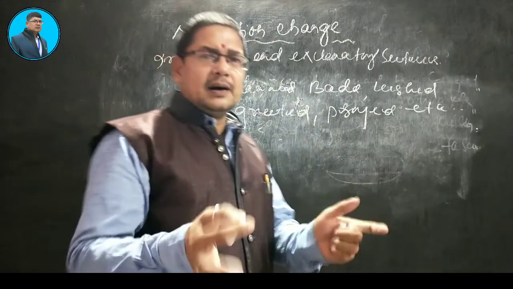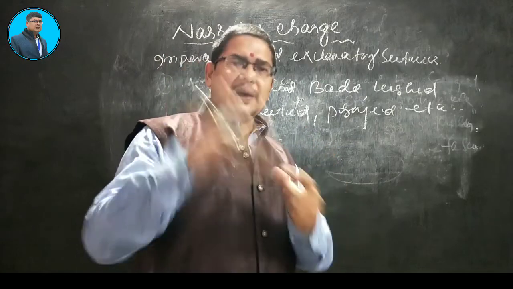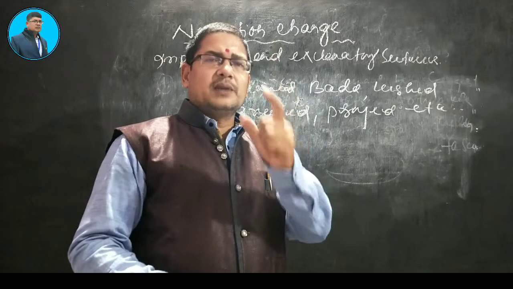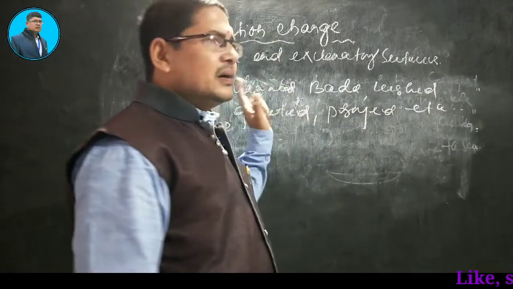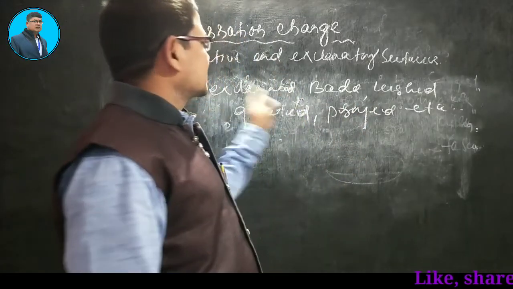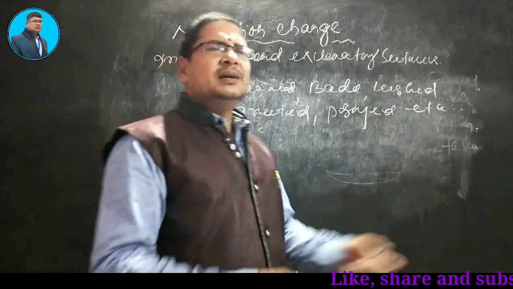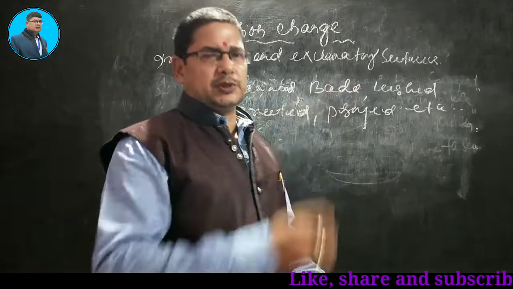So while changing the exclamatory sentence from direct into indirect speech, the reporting verb is changed into exclaimed, bade, wished, greeted, prayed, etc., as per the demand of the situation.